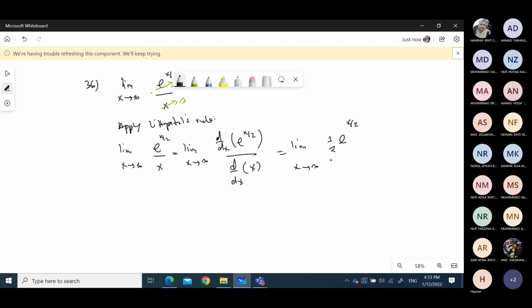The derivative of x is 1. So we find the limit: 1 over 2 exponent infinity, which is infinity over 2, which is infinity. So the answer is infinity.